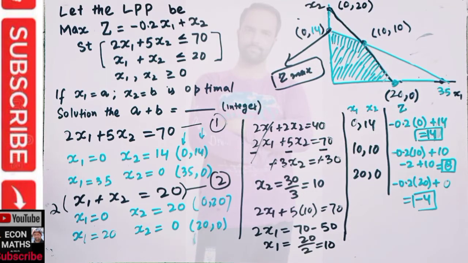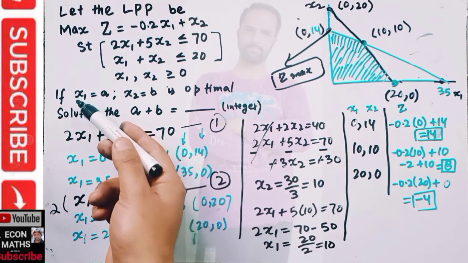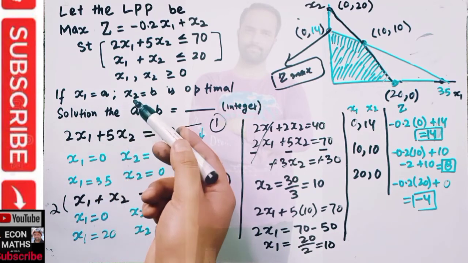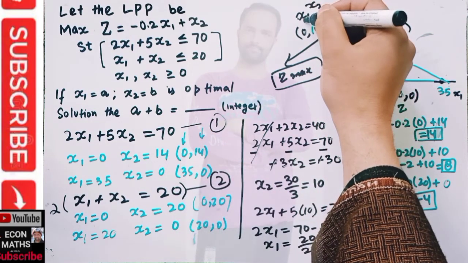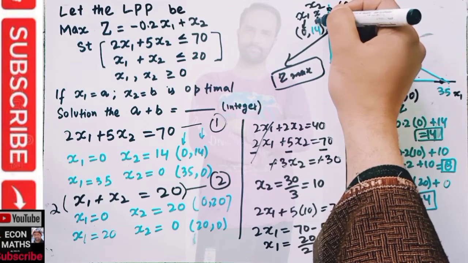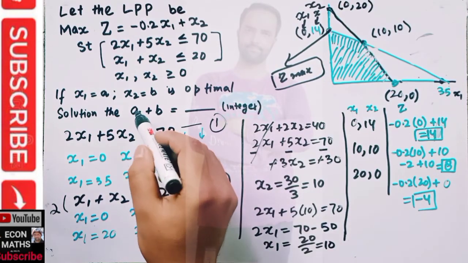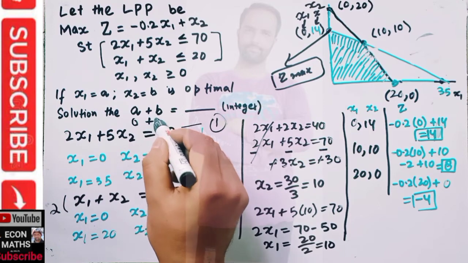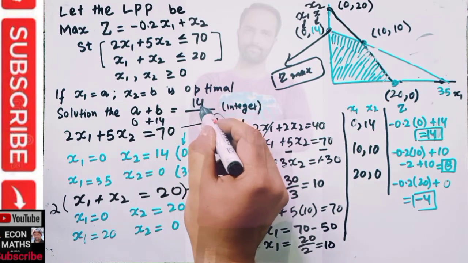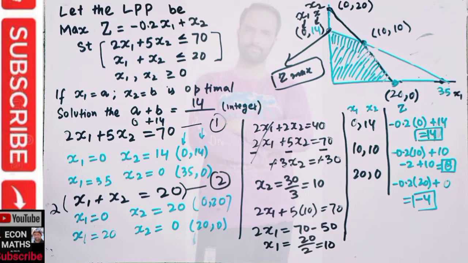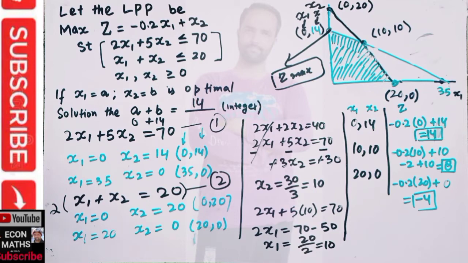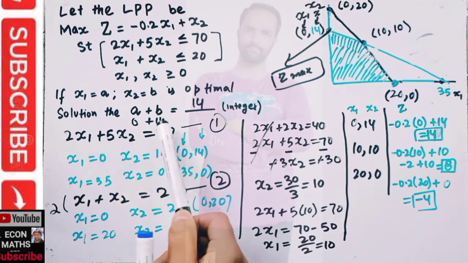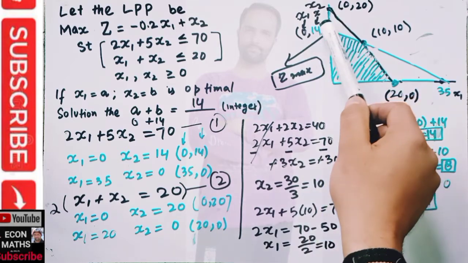So x1 is equal to 0, x2 is equal to 14, so we have 0 plus 14, which will come out to be 14. That means the maximum or optimal solution to this question will be equal to 14, and the optimal values of x1 and x2 are 0 and 14. So we got here this very point is the solution.